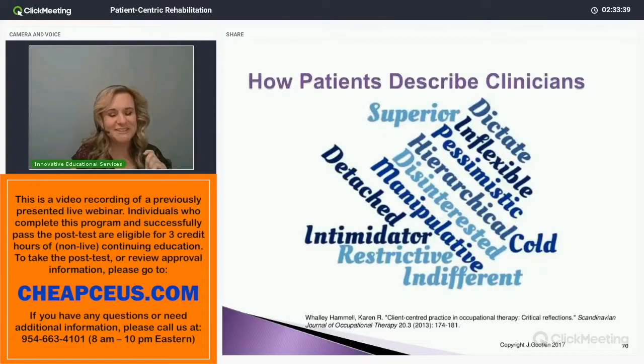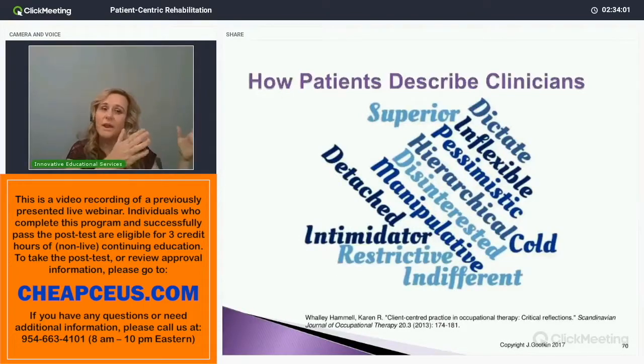Unfortunately, all of the research doesn't quite match up with that. Some of the research is saying that our patients don't see us as this, that we are perceived a little bit more harshly. The words detached, pessimistic, inflexible have been utilized to look at some clinicians and therapists.